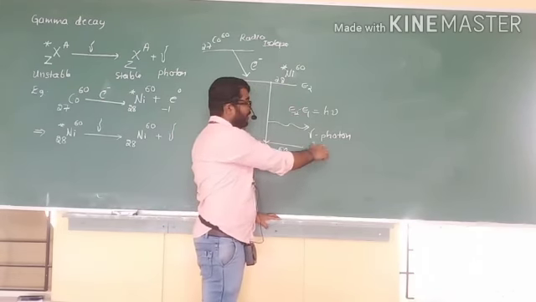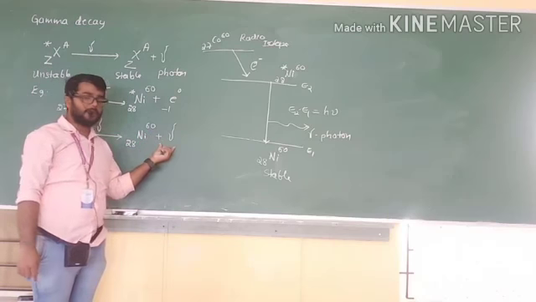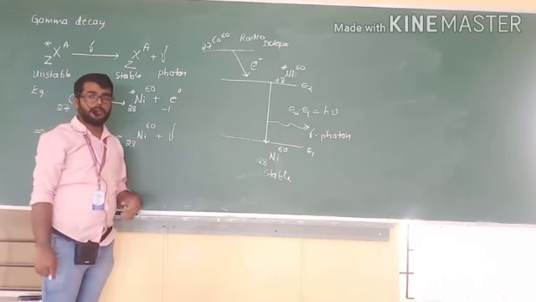The formed nucleus will be the stable nucleus. Here you can see 28 nickel 60 star, this is the excited state, it will undergo gamma decay and produce 28 nickel 60. So it will be stable and this will be the gamma photon. Okay, thank you.